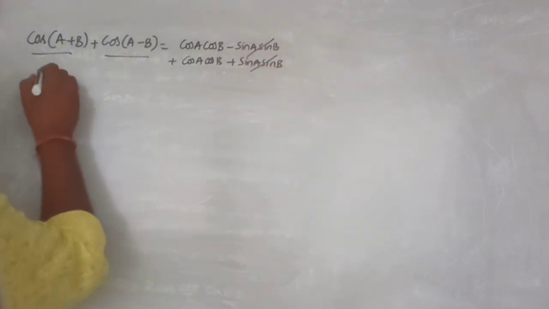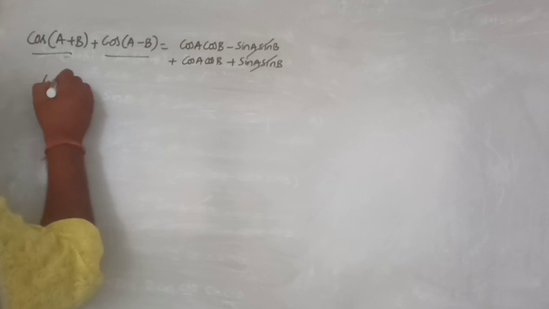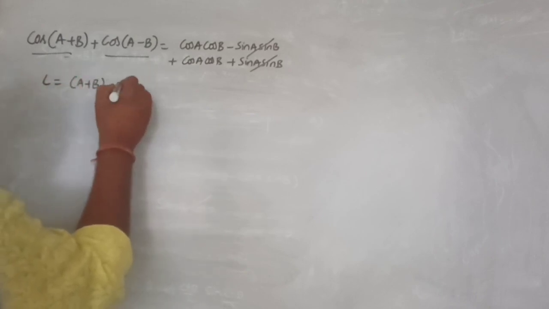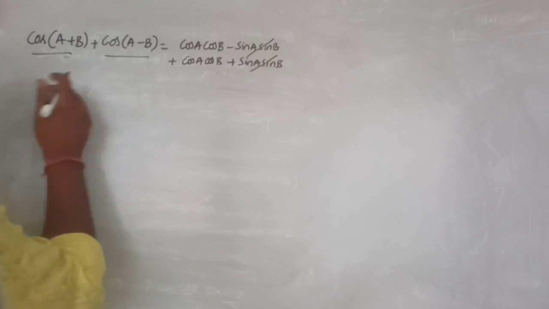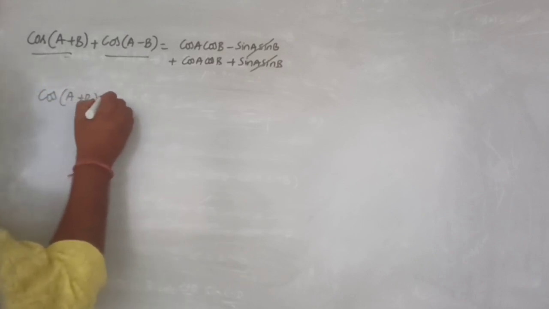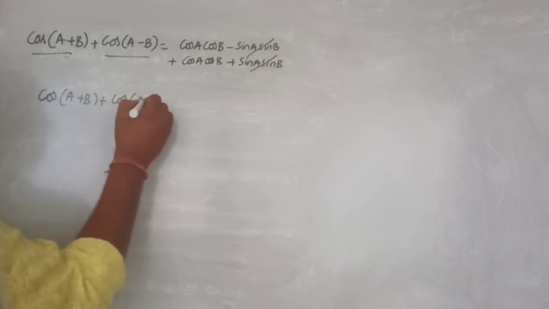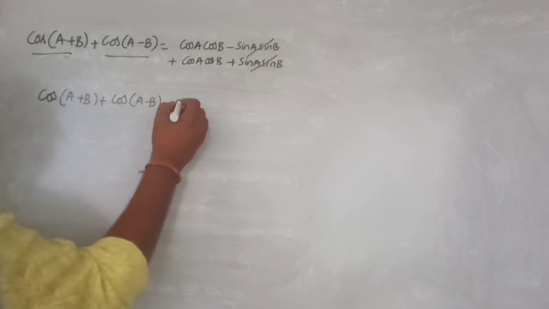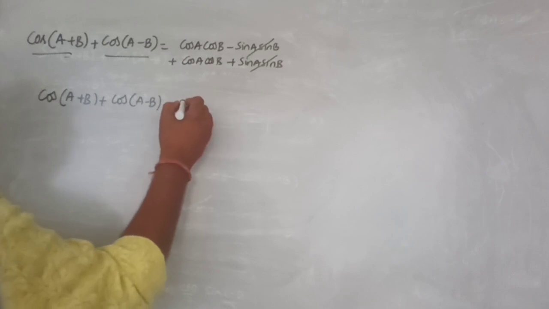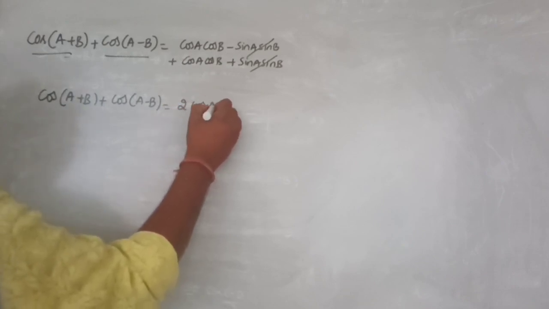So cos of A plus B plus cos of A minus B is equal to cos A cos B plus cos A cos B, which is 2 cos A cos B.